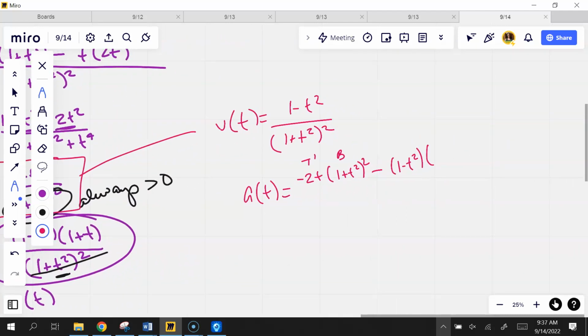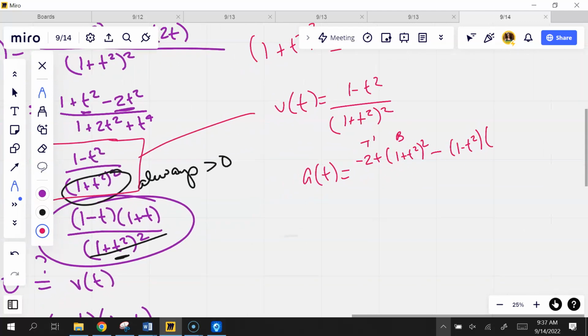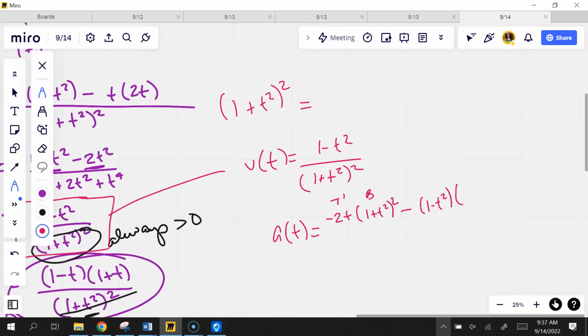Now, we haven't learned chain rule yet, so on this one you're going to have to multiply this out to find the derivative. Okay, so 1 plus 2t squared plus t to the 4.